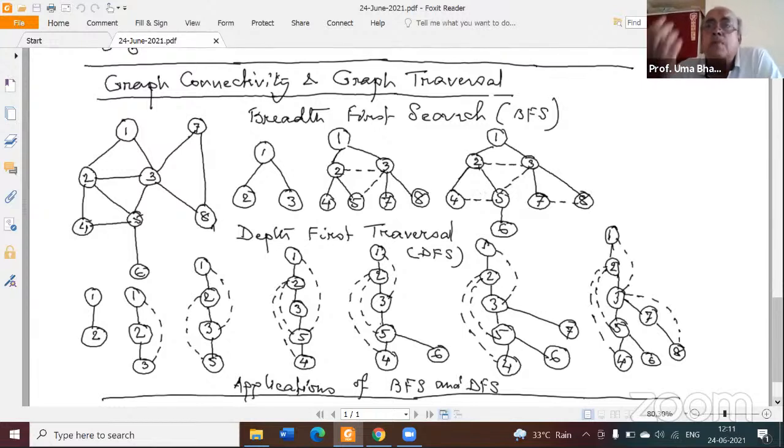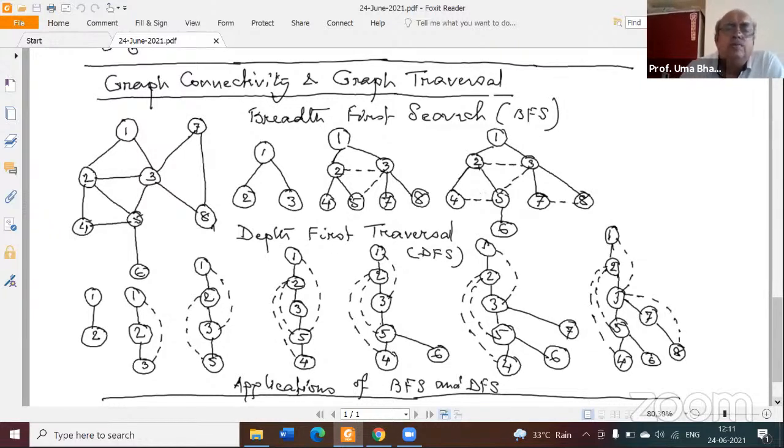I always go to some unmarked place, and those marked places I will also mark with a dotted line. From 3, I can go anywhere, but say I come to 5. So now 5 becomes my present node.